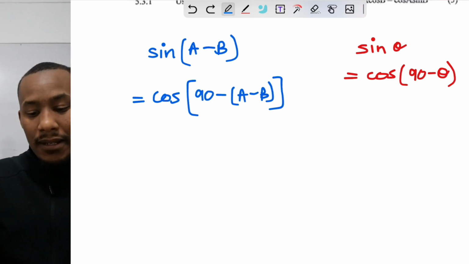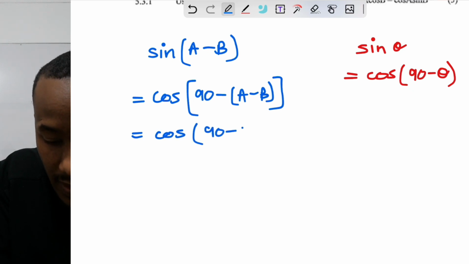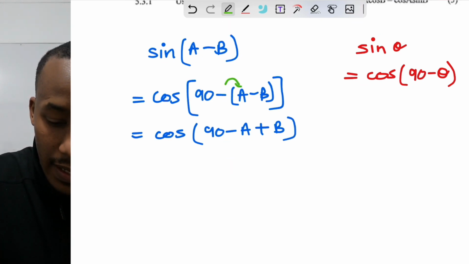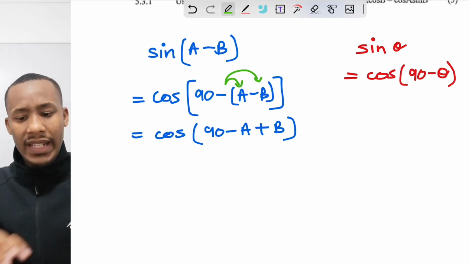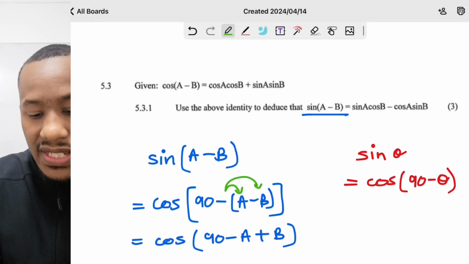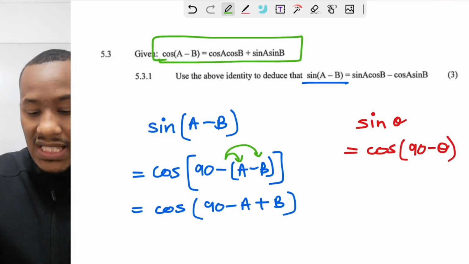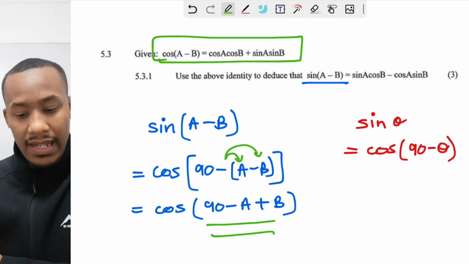Now, let's simplify a little bit. This becomes cos 90 minus A plus B, right? You distribute the negative here with the A and with the B. And now watch how I'm going to break this up. I want to make use of this identity that they gave to us. So I need to express this thing in terms of one angle minus another angle.